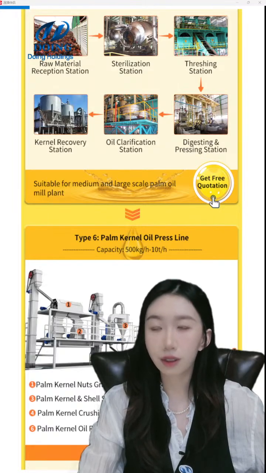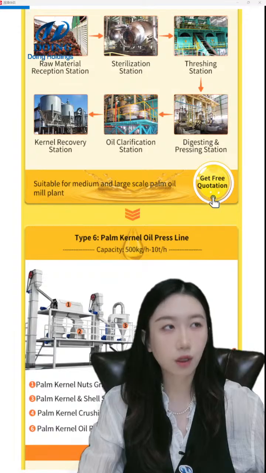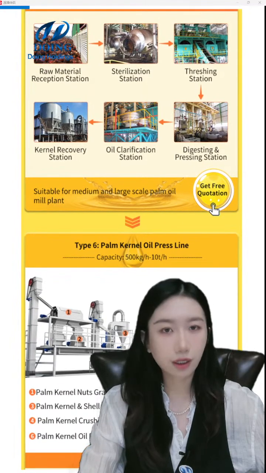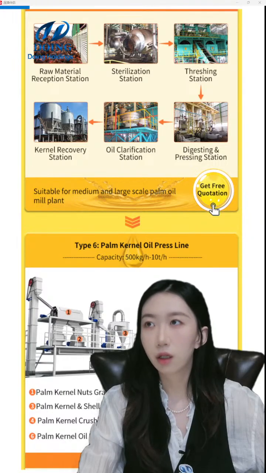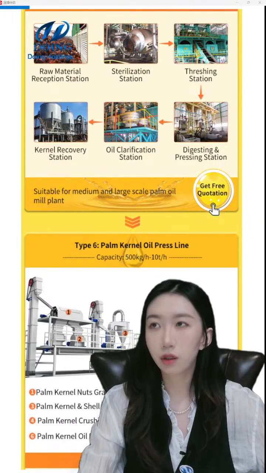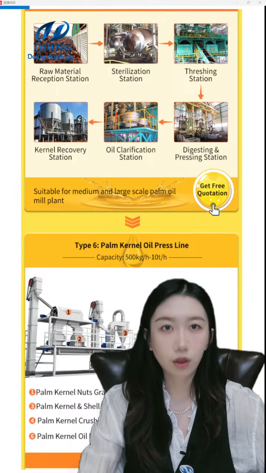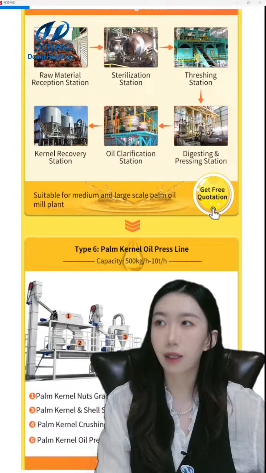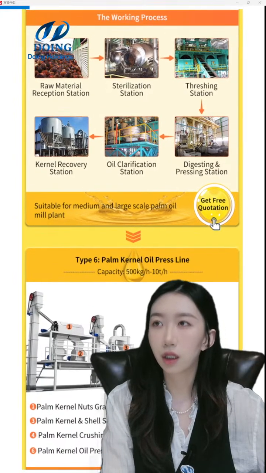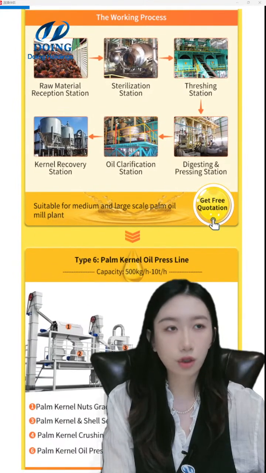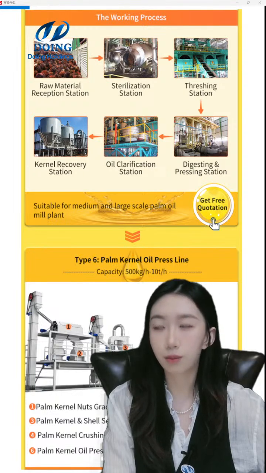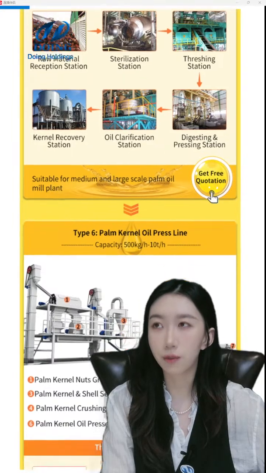In the oil clarification station, we will equip 3 pieces of equipment for clarification to remove internal impurities thoroughly. And next, the mixture of kernel and fiber is transported to the kernel recovery station.